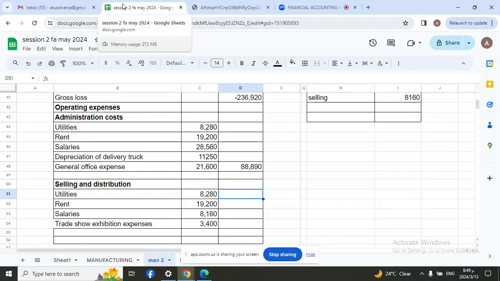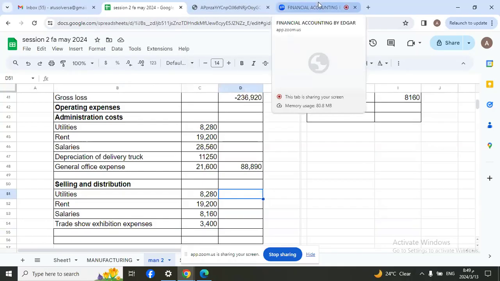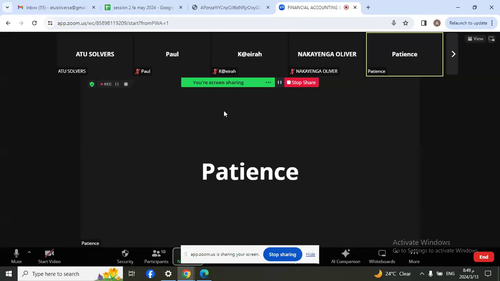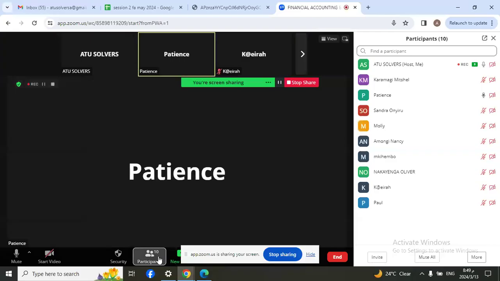Excuse me, sir. Yes. Wasn't the delivery truck supposed to be under the selling and distribution? What did we say? Depreciation is an admin expense.